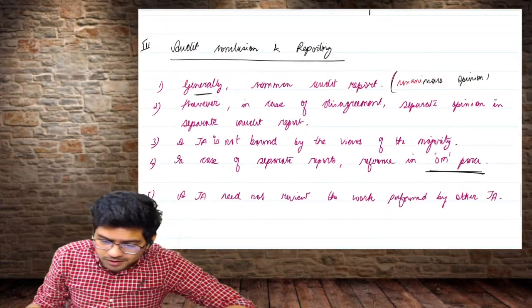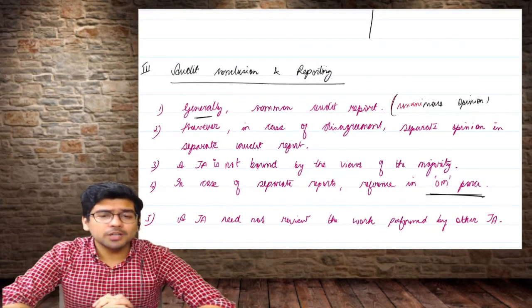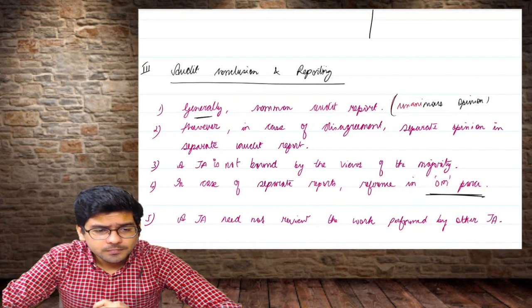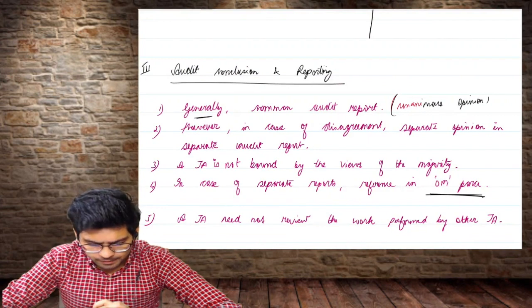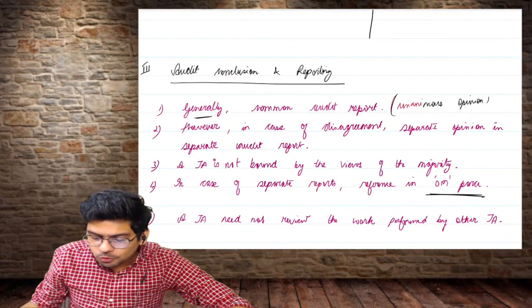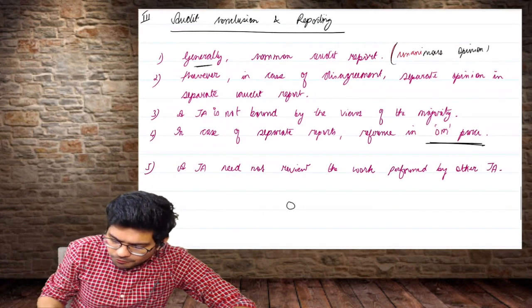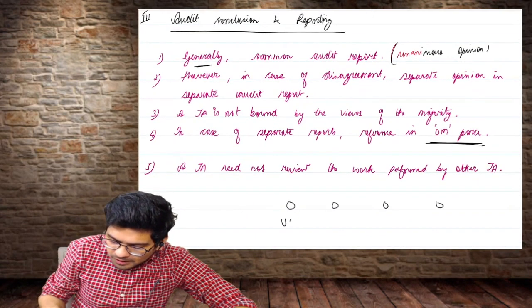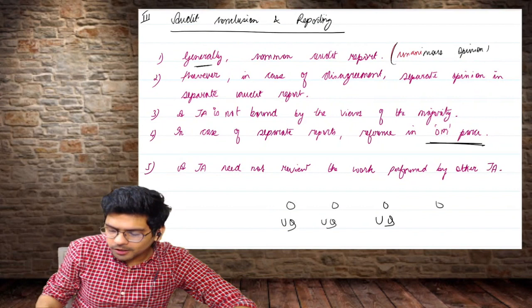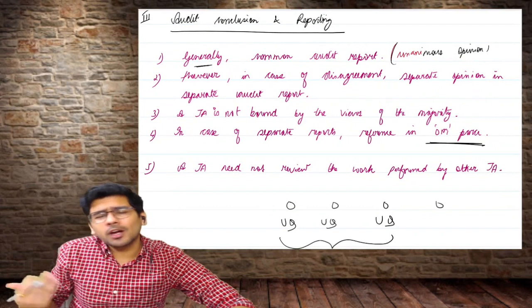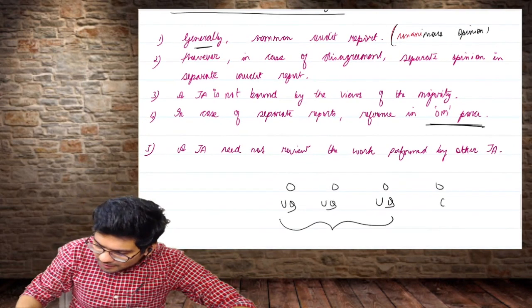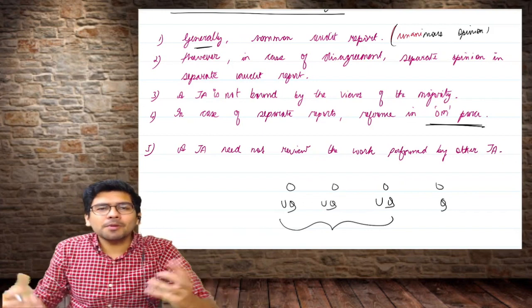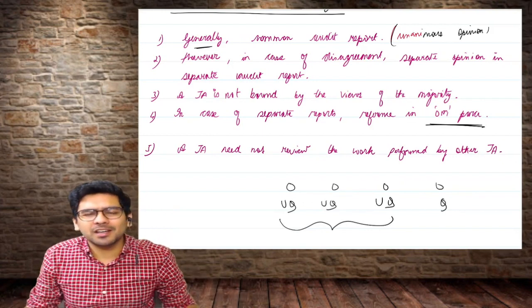So we are done with the standard. This was with respect to audit conclusion and reporting. A joint auditor is not bound by the views of the majority. Again, let me give you an example. We have 4 auditors. 3 want to give an unqualified opinion. These 3 are of the view that an unqualified opinion is okay, but he is not bound by their views. He shouldn't think that 3 of them are saying it, maybe I am wrong.